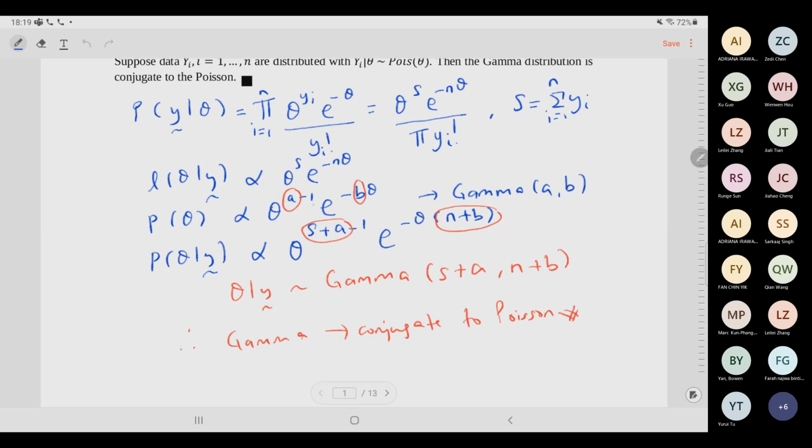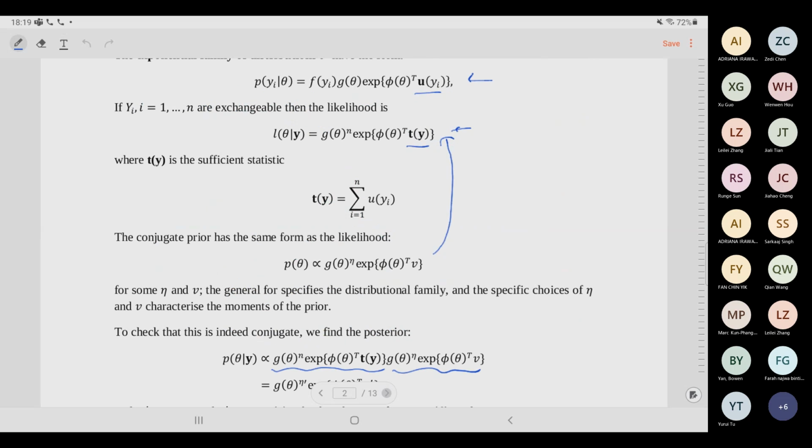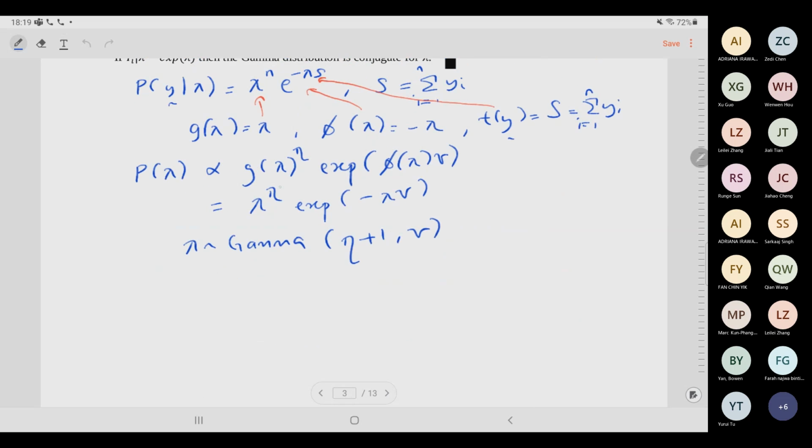So this is the kernel of a gamma. So now it's lambda, so here is actually plus 1 minus 1, and then we have lambda power minus v, exponential lambda power minus v. So then your a is actually eta plus 1, and your b is actually v.